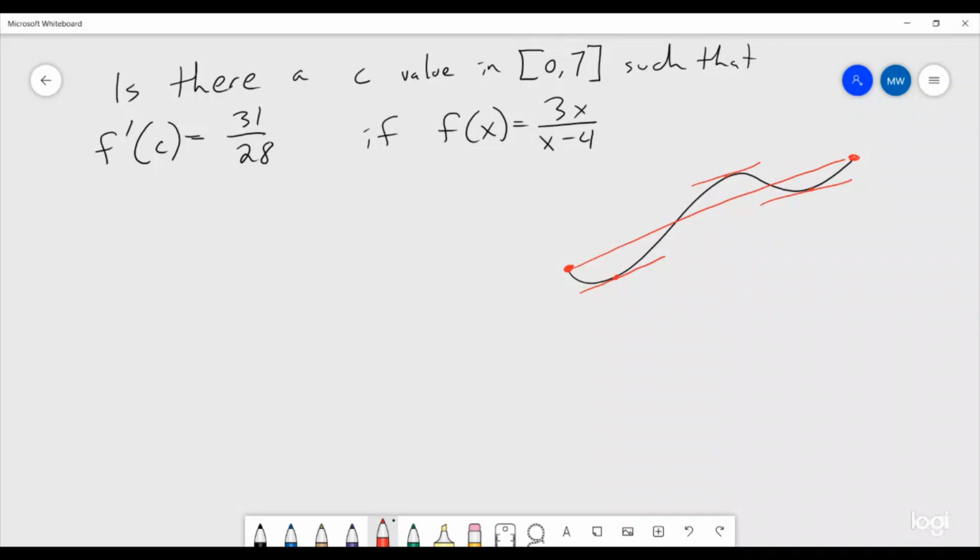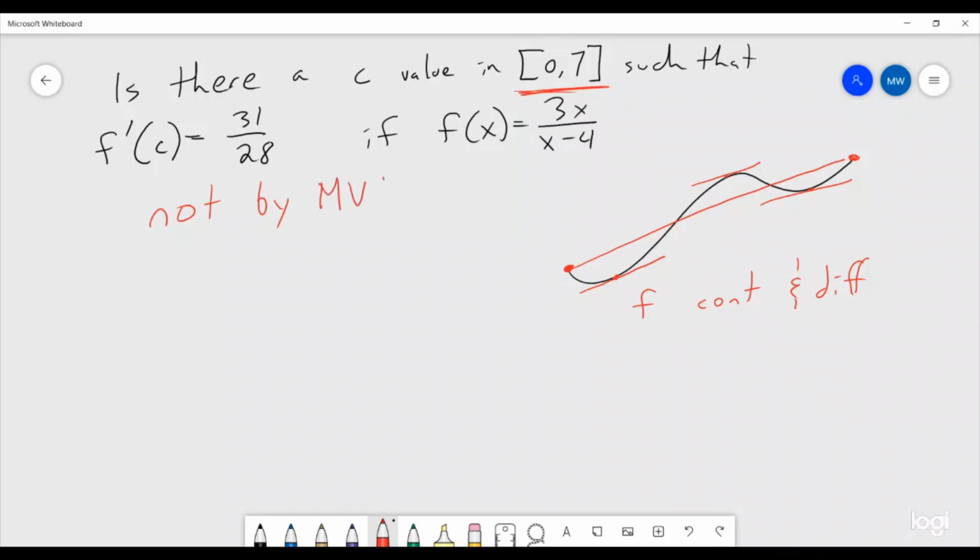It says there's at least one point if a couple conditions apply. f has to be continuous and differentiable everywhere on the interval. The function f of x that we are given is not differentiable. It has a discontinuity at 4, which is inside our region here. So the answer is not by the mean value theorem.